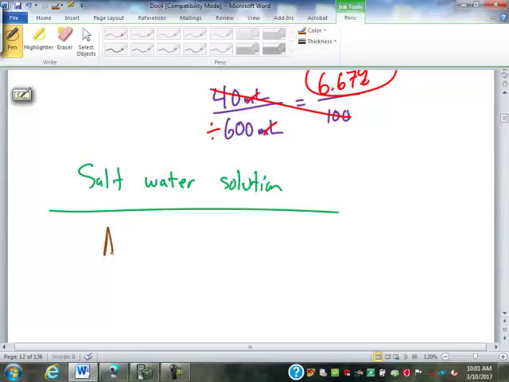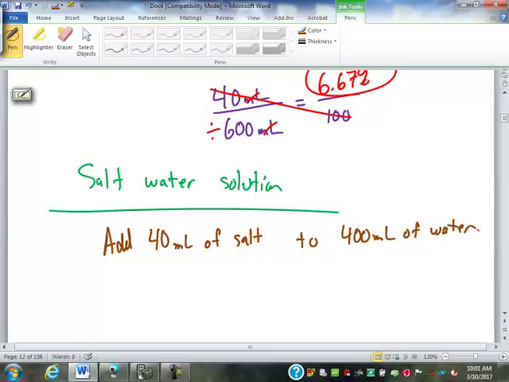So if I add 40 milliliters of salt to 400 milliliters of water, we will not get 440 milliliters of solution.